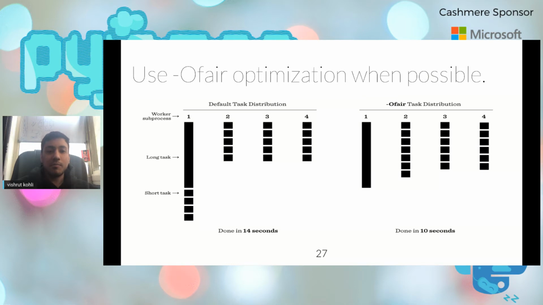To solve this problem, we can use O-fair optimization, which distributes tasks according to the availability of workers instead of the number of workers available. This option comes with a coordination cost penalty, but results in a much more predictable behavior if your tasks have varying execution times, as most IO-bound tasks will.